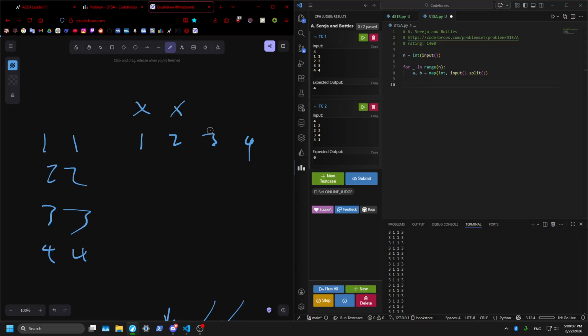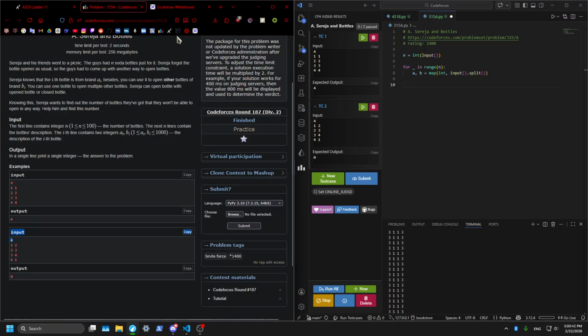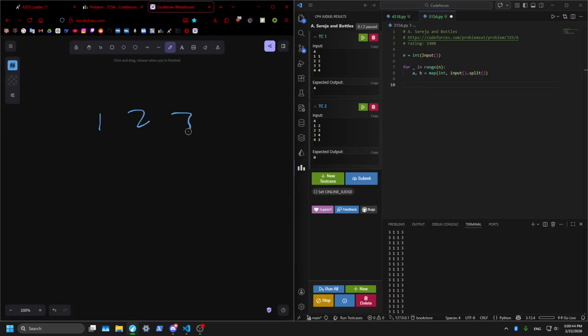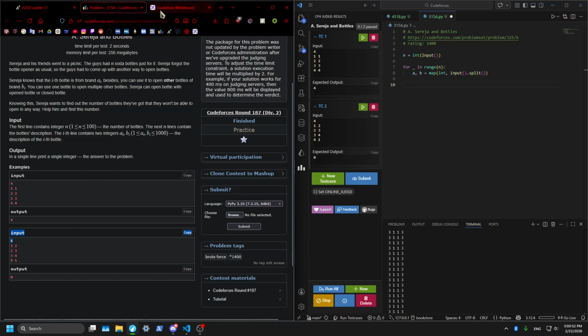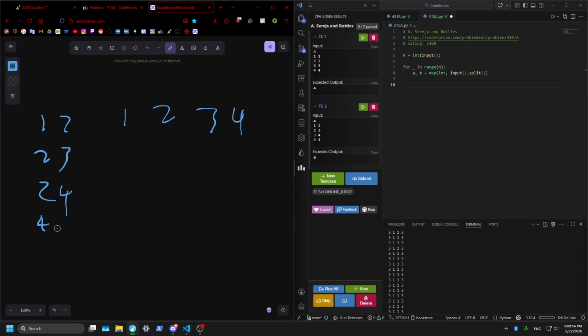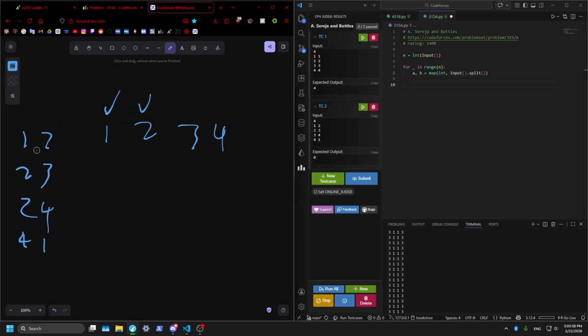Self, this doesn't work. Okay. In this case, 1, 2, 2, 3, 3, 4, 4, 1. Anything that opens 1, yes, and it's not itself. Anything that opens 2, yes. 3, yes. 4, yes. So, okay, I get it now.